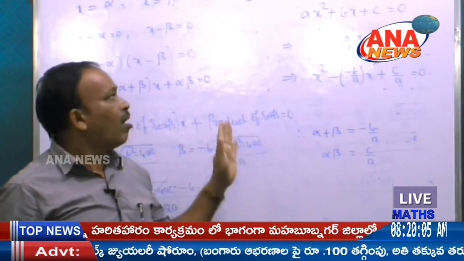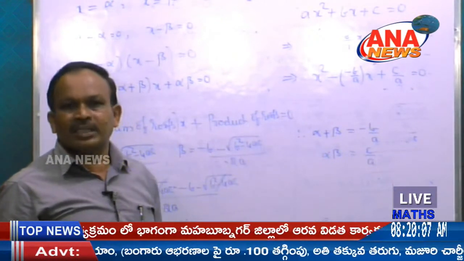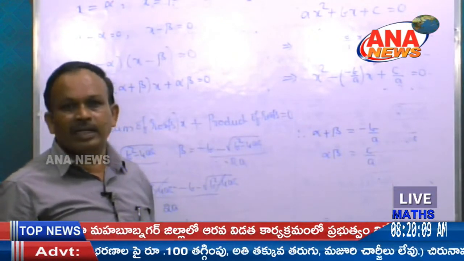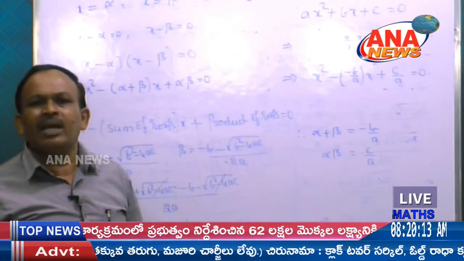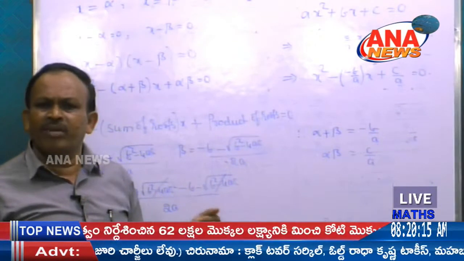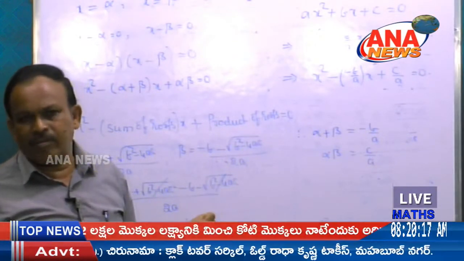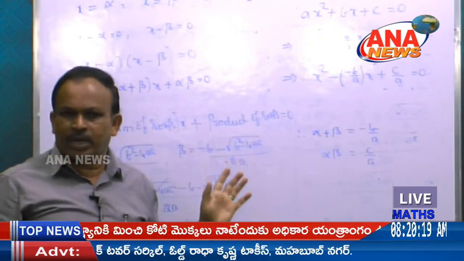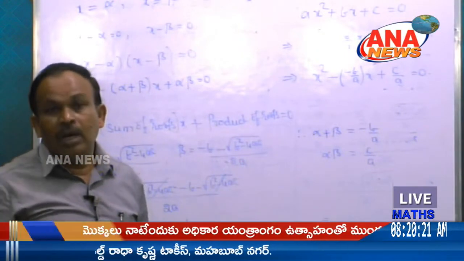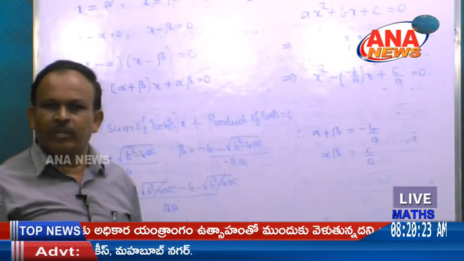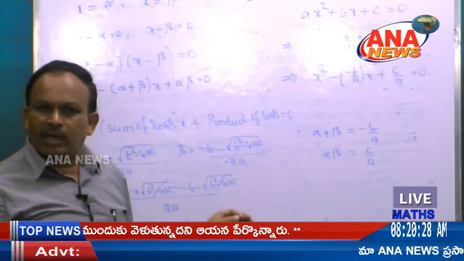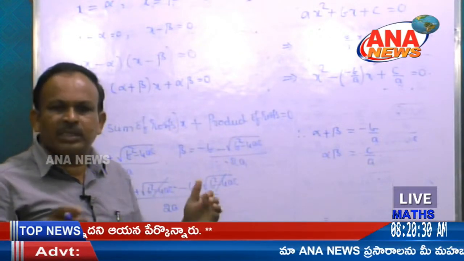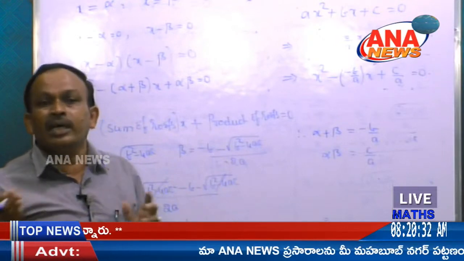B and C are complex numbers. It is not necessary to say real or complex, because every real number is a complex number. Complex numbers divide into two parts, imaginary and real.